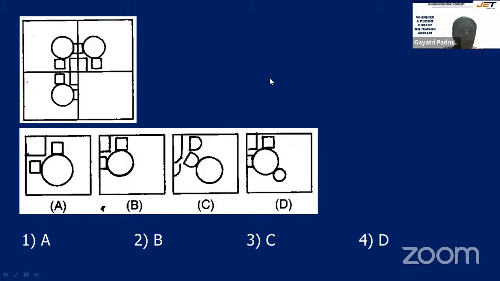Your time has already started. All right. Very interesting. This figure is, in fact, everything looks same, though everything is not same. We need to decide whether it is A, B, C, or D. All right. Your time is almost running.